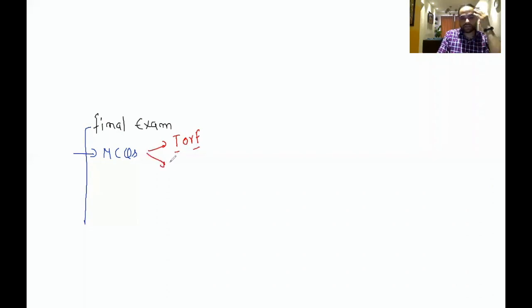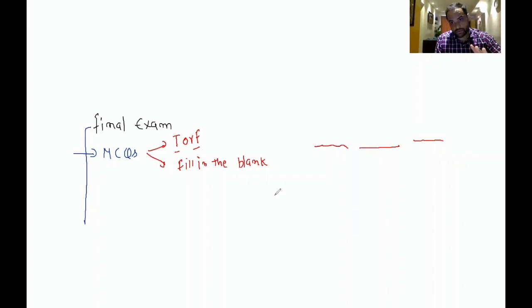Next questions could be choose the option, and maybe it could be fill in the blanks. So like I'm writing something and I leave a blank, so you have to fill it. But of course, you have options. No matter what type of questions you have, you will see an option for each answer.